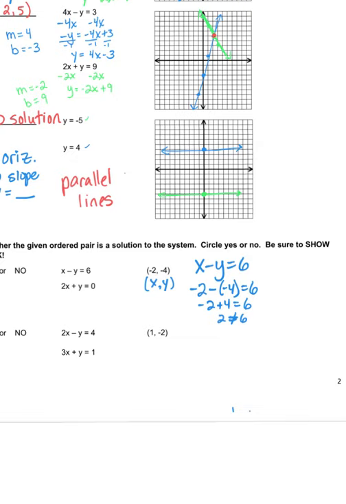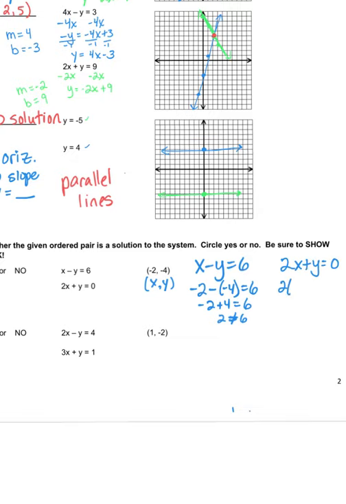I'm going to go ahead and do the other one just so that you see. But basically, if one does not work, then it doesn't matter if the other one works or not. You have to have both work. So in this case, we have 2x plus y equals 0.